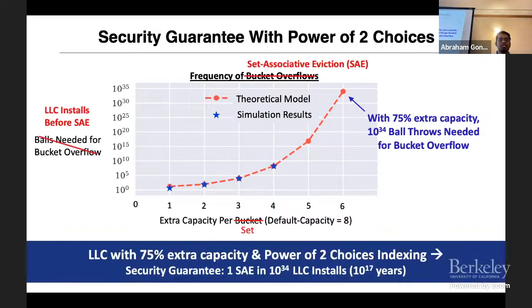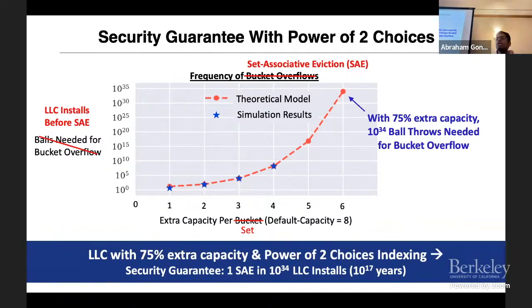In our cache parlance, it means that if you over-provision each cache set with 75% extra capacity and have the power of 2 choices indexing, you can get extremely strong guarantees: 1 set conflict every 10 power 34 cache installs, which in terms of time is longer than the universe lifetime.